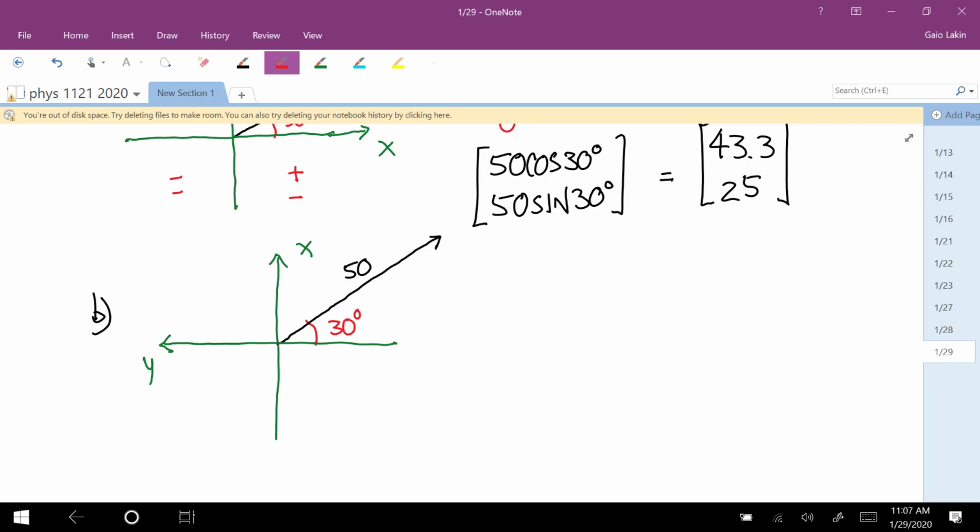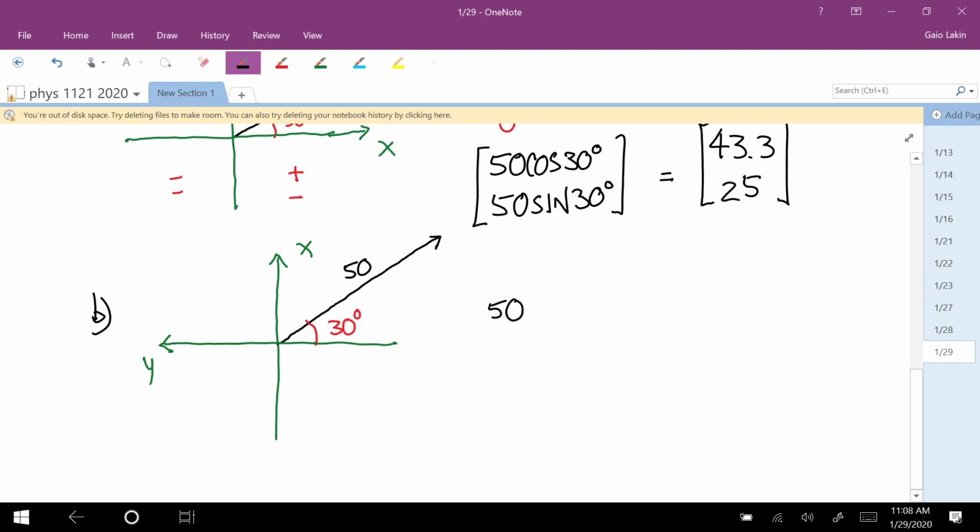So if you go counterclockwise, it's 90, 180, 270, plus 30 is 300. Or if you go clockwise, 30 plus the angle we want add up to 90, so it's negative 60. And either way you do it, it'll give you the same answers.